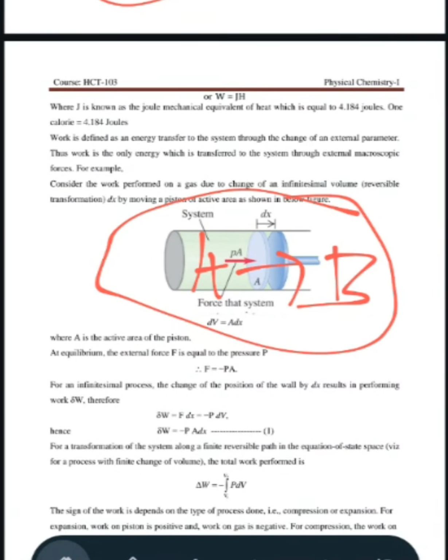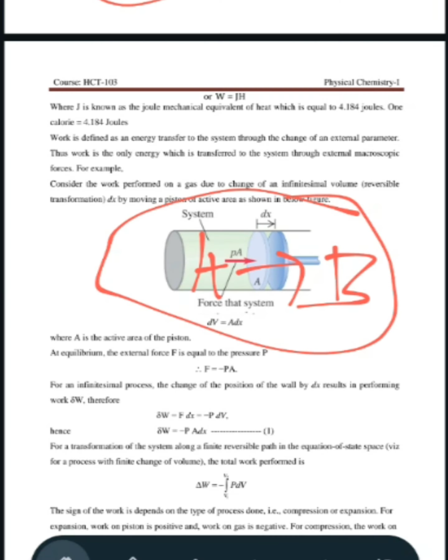Joule showed the relationship between mechanical work done and heat produced. So the work done is proportional to the heat, W is equal to JH.